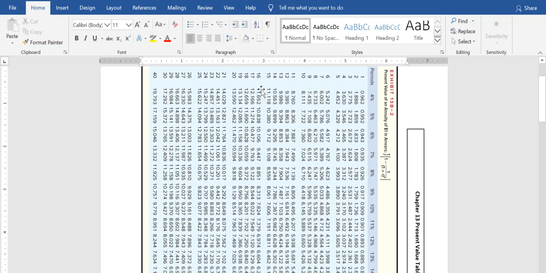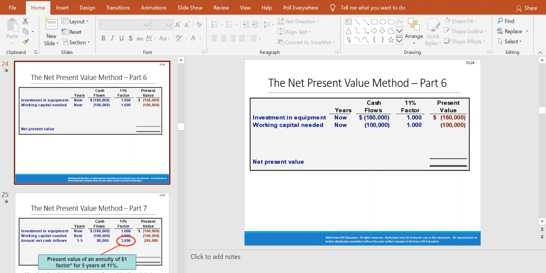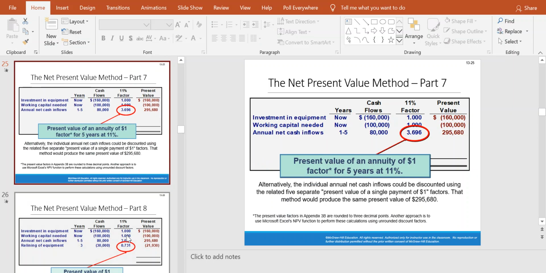Down the side, you see the number of periods that money is going to be tied up in the project. So we have, for example, in this present value of an annuity at 11%, how many years was that? Let me go back and look. Okay, 5 years. We have a present value of an annuity of $1 at 5 years at 11%.